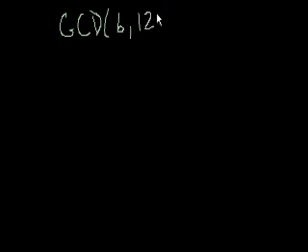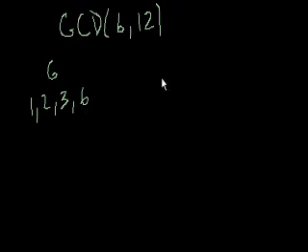Let's do the greatest common divisor of 6 and 12. I know 12 is coming up a lot. I'll try to be more creative when I think of my numbers. What are the factors of 6? 1, 2, 3, and 6.